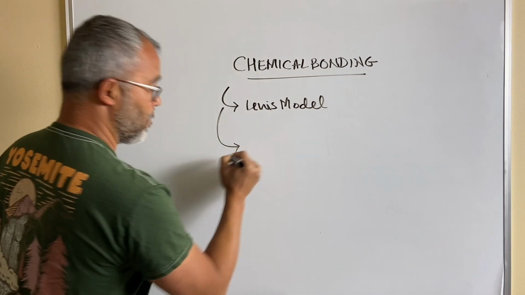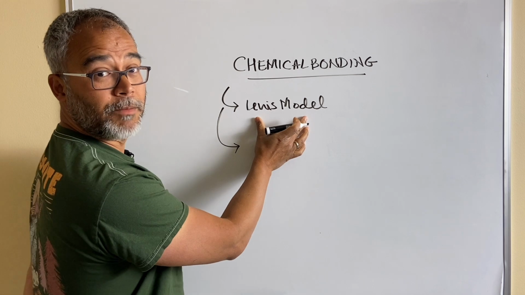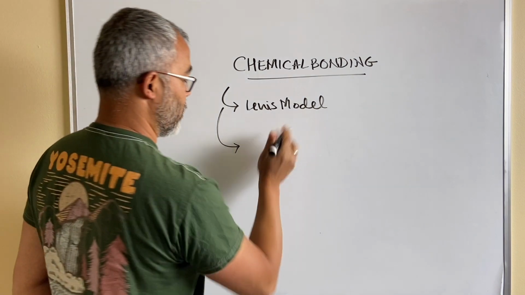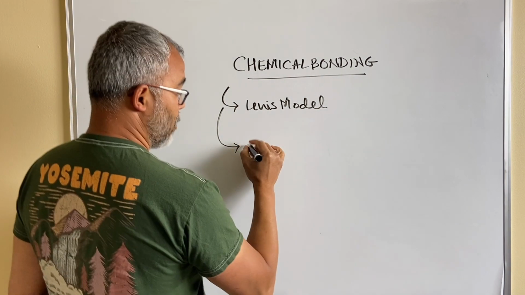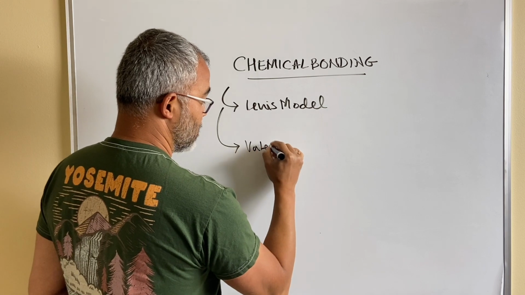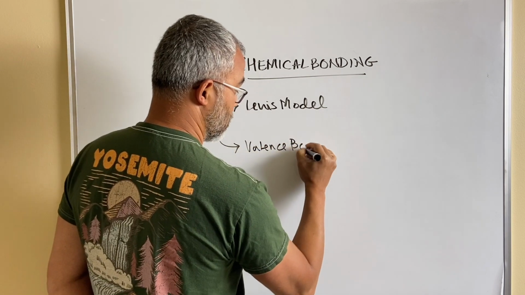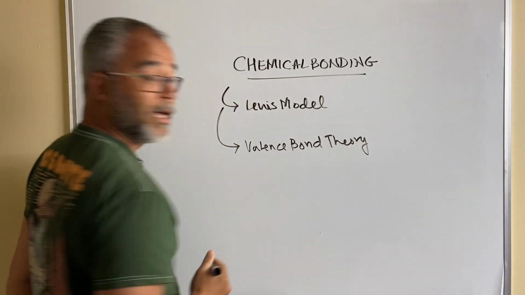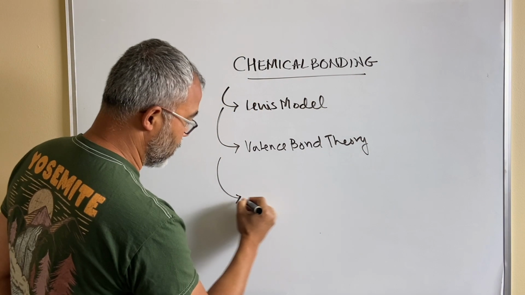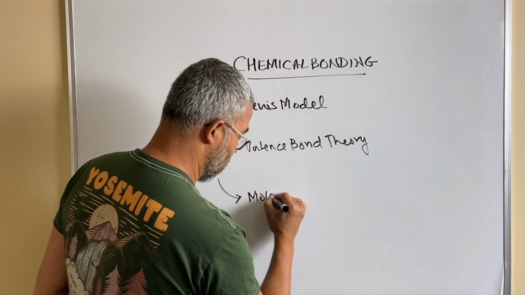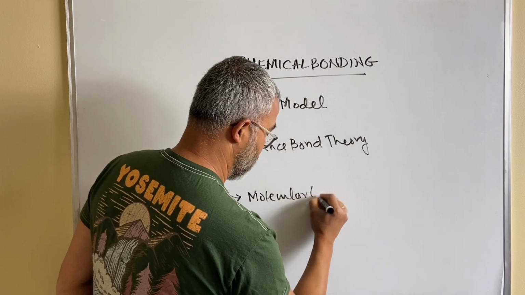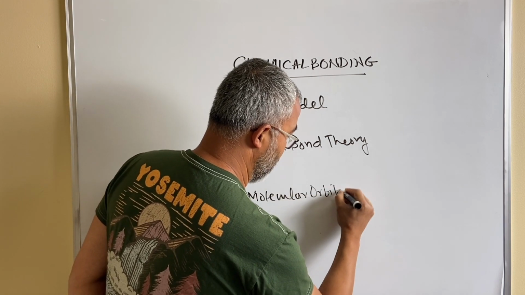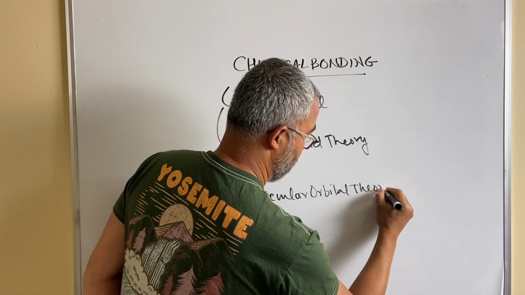The second model we look at, and this model is the most used model, by the way, is called valence bond theory, and then the third model we'll look at is molecular orbital theory.